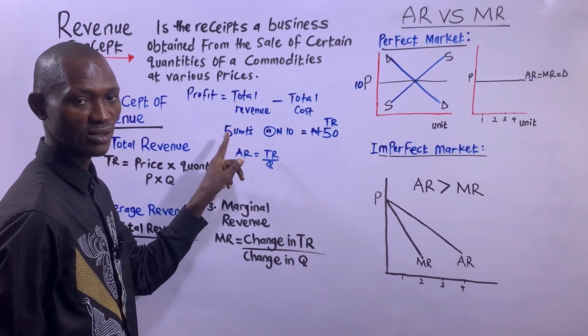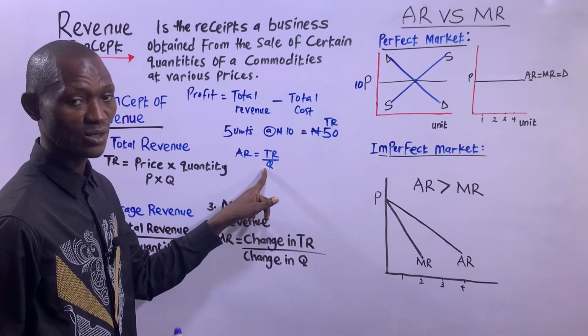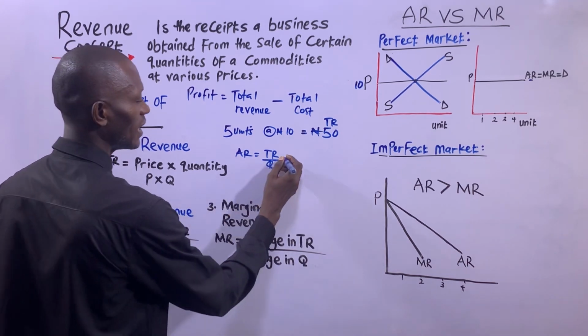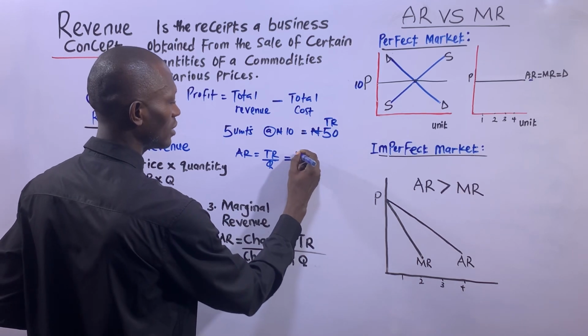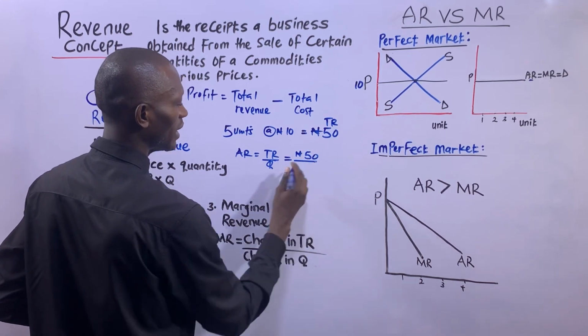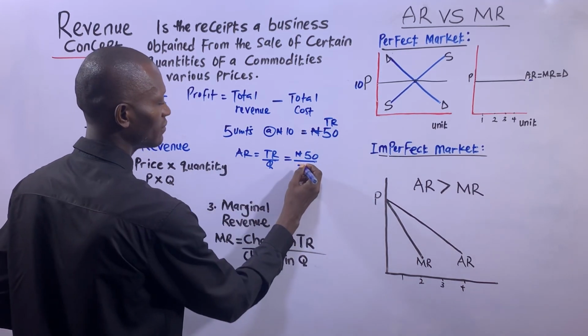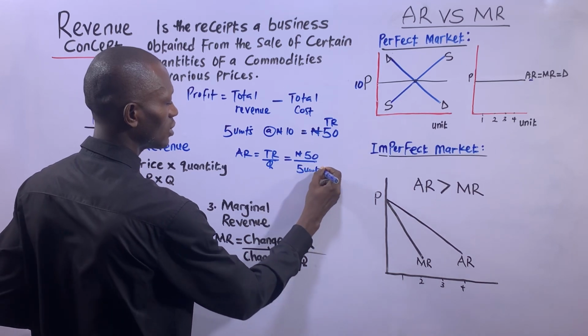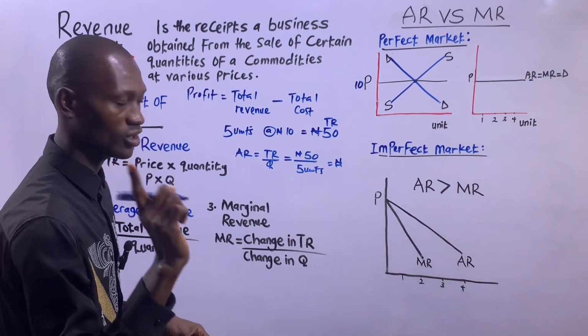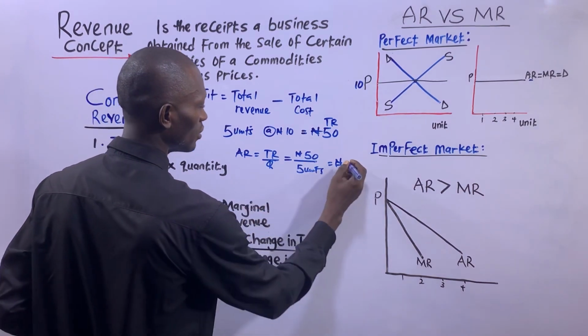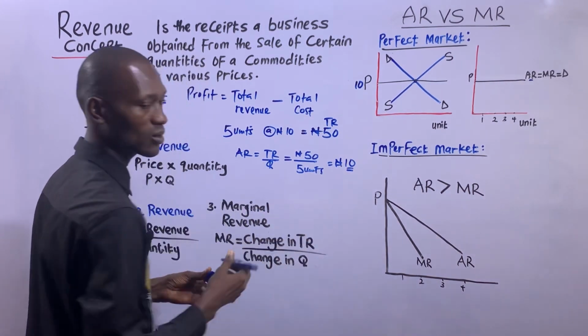Our units sold is 5 units, which is the same thing as quantity. Then to get our average revenue, total revenue here is 50, so 50 divided by the units sold, which is 5 units. That gives us the average revenue for selling 1 unit of a commodity, which is 10 naira.